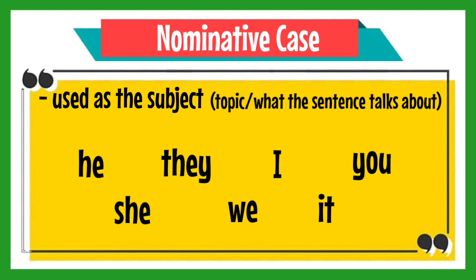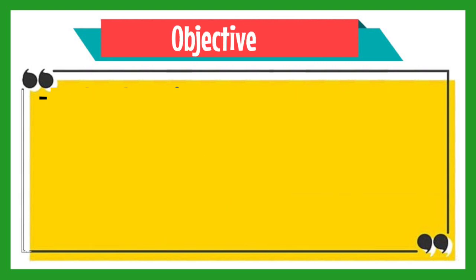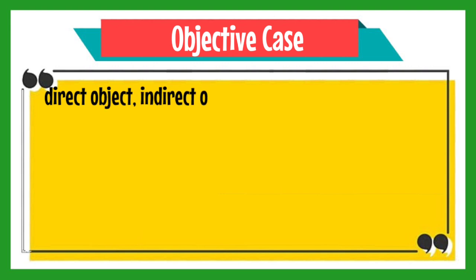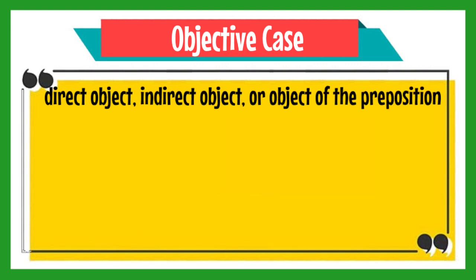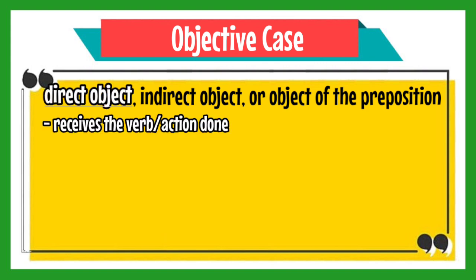Now let us move on to the pronouns in the objective case. A pronoun is in the objective case if it functions as the direct object, indirect object, or the object of the preposition. When we say direct object, it receives the action done by the subject.